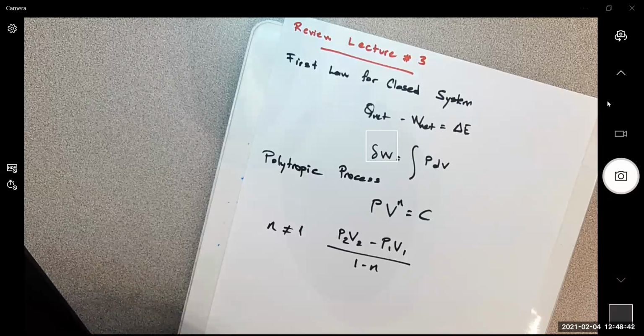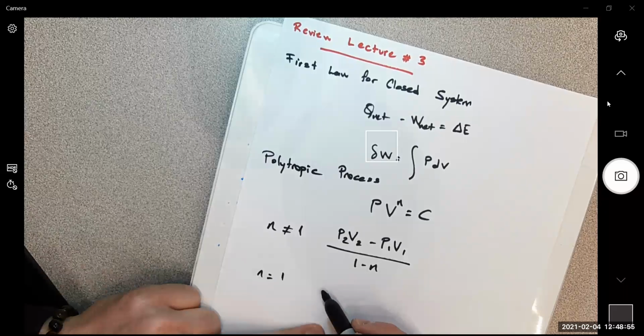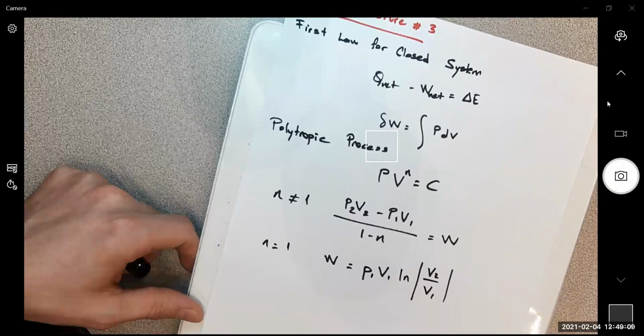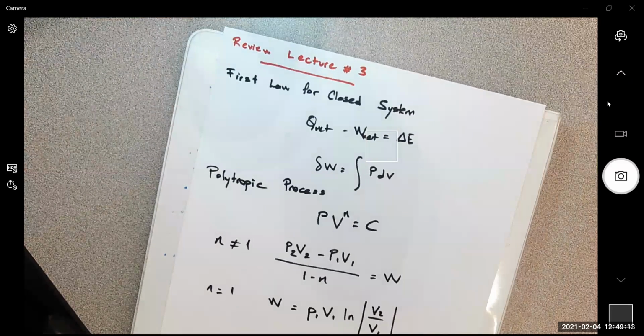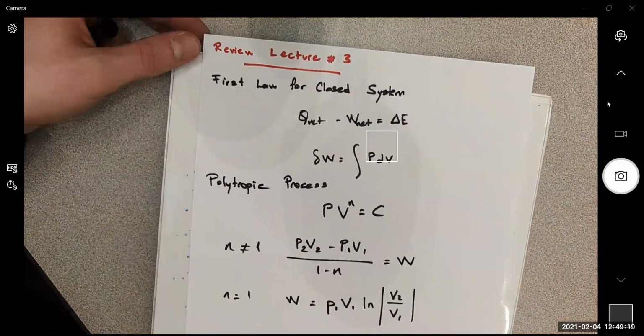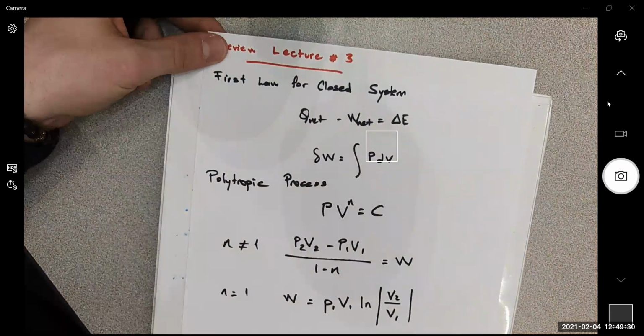If n equals 1, work will be equal to P1V1 natural log of V2 over V1. This is basically what we did in the previous lecture.